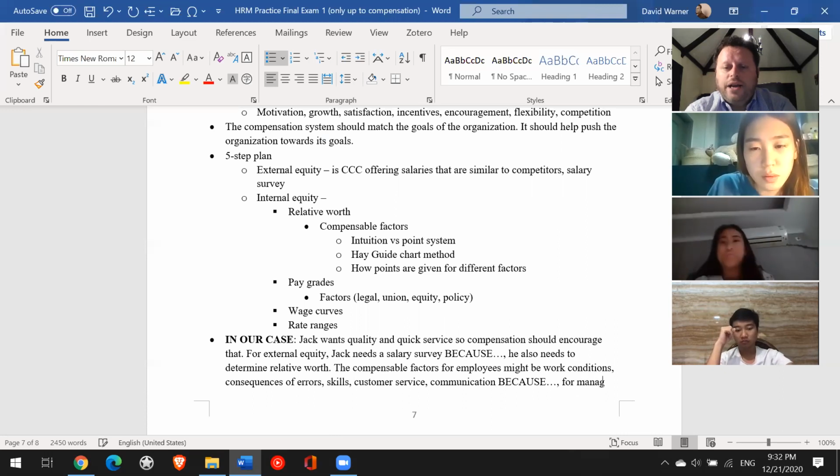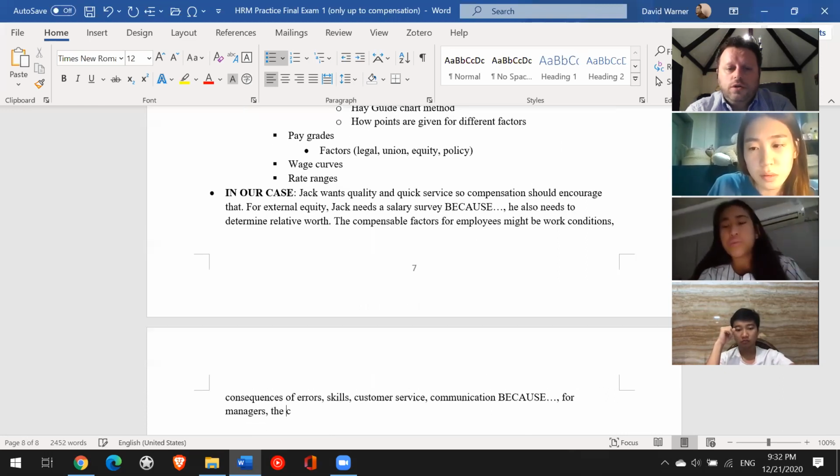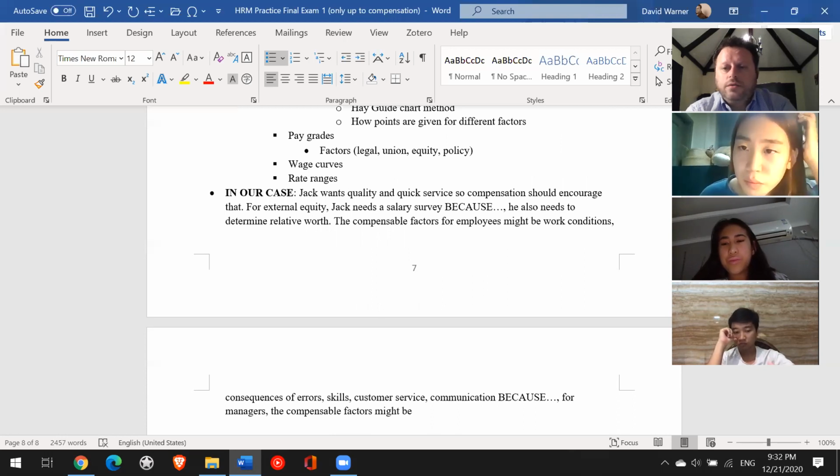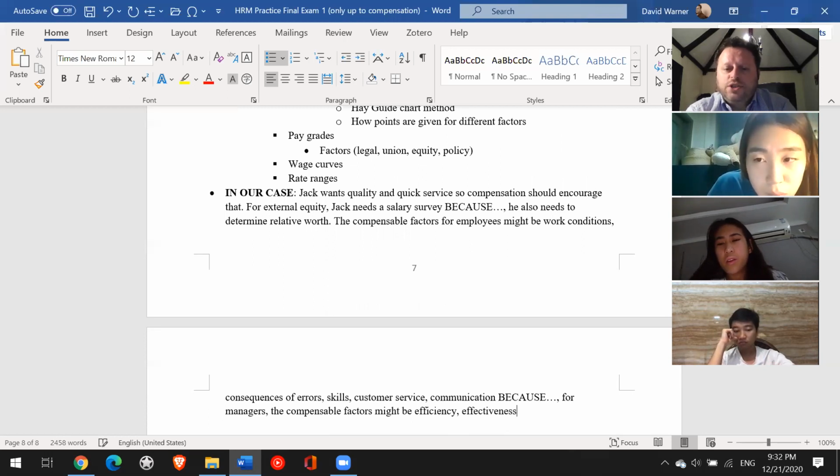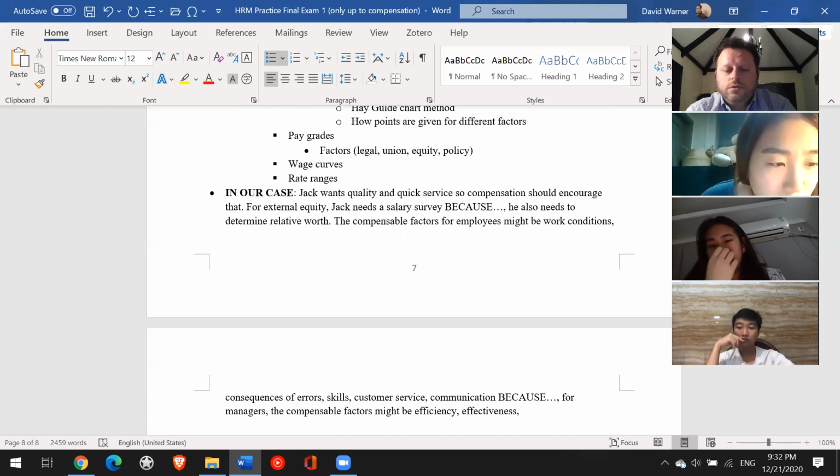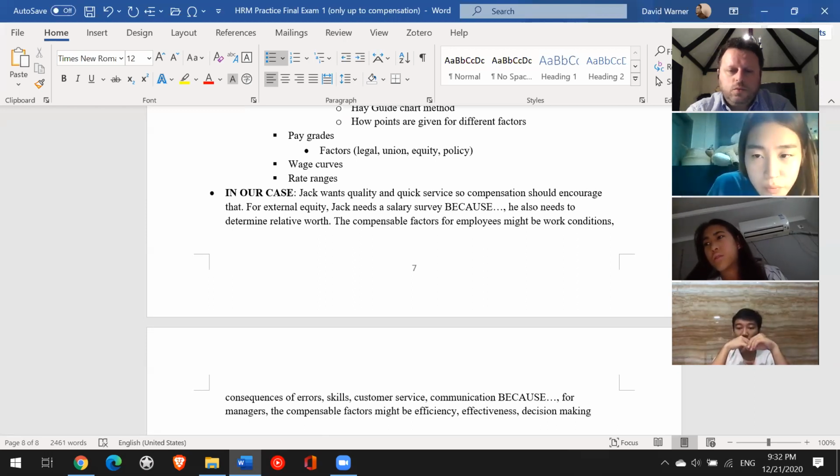And then for managers, the compensable factors might be like efficiency, effectiveness, maybe decision making. Sure, decision making, whatever.